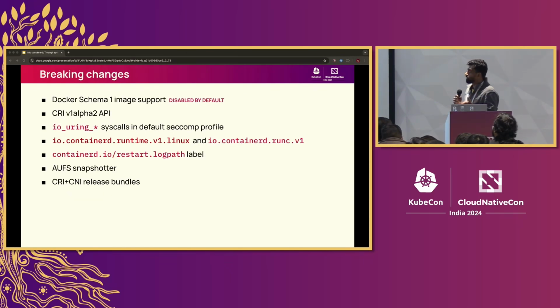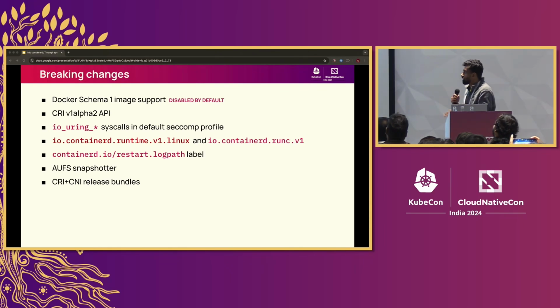Now, a few of the breaking changes that went into Containerd 2.0. Docker schema 1 image support is now disabled by default. It has been deprecated for a long time, and I think most of the users would have already migrated, and there is very little chance of that causing a breakage for any of the users.